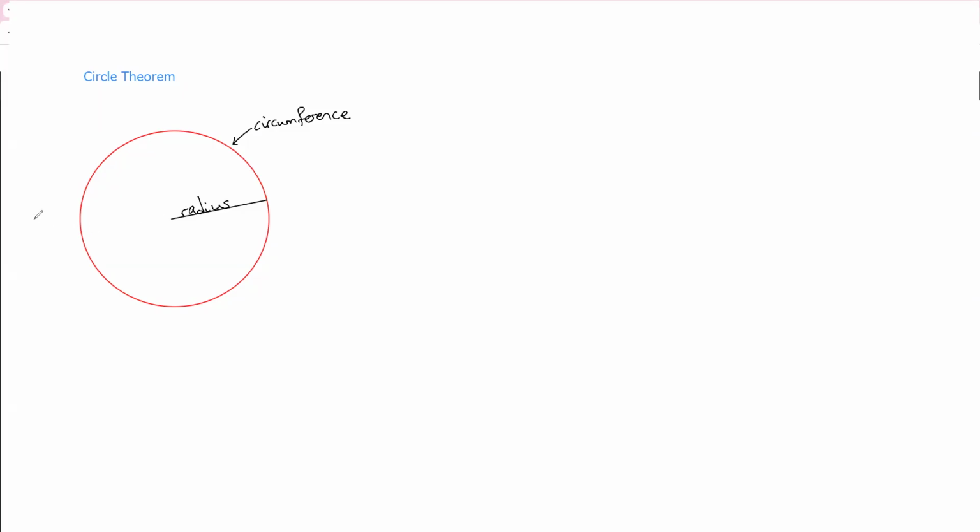So of course, if you have a radius here and you have another line coming here, you know that that is also a radius once it's coming from the center. So just some facts that we have to be mindful of. That means that this line would be the same as this line because this is the radius and this is the radius.